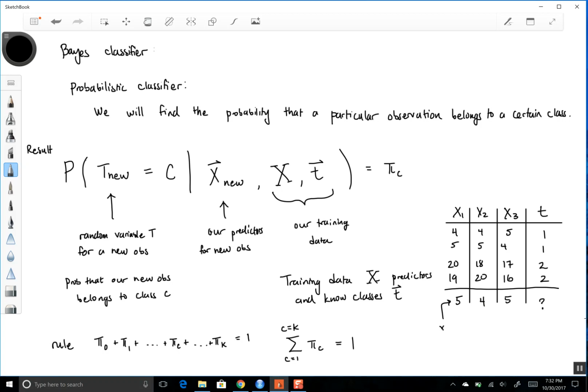This row right here is x new, and this right here that's unknown is my t new, okay? And these values are your vector t, and then these values here would be your X matrix.